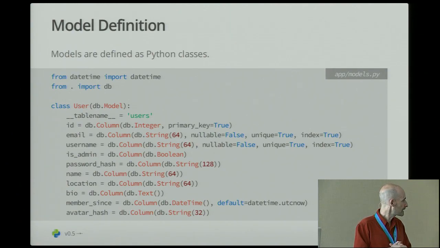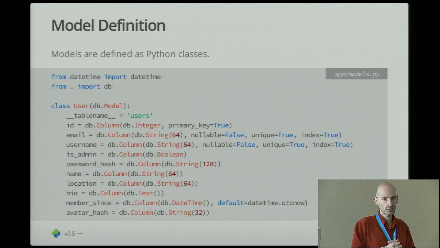The first argument to db.Column is the type. That's pretty straightforward. But then there are some optional arguments. primary_key will make ID the primary key, which is required. There should be one primary key in all tables. The ones that I have on email and username: nullable=False tells the database that this field cannot be empty, so it needs to be there.